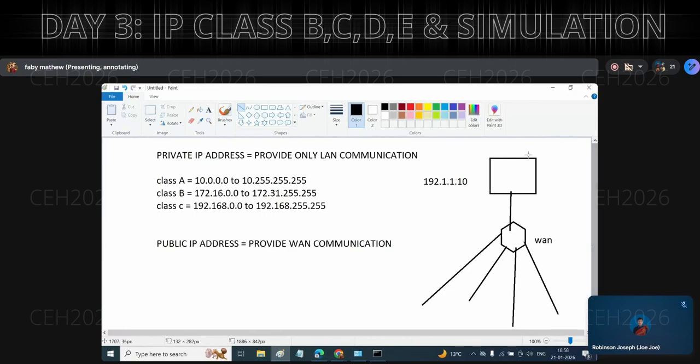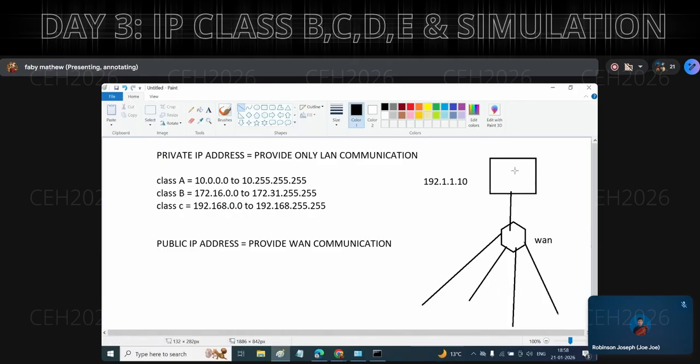Can anyone send traffic to this IP address, or can anyone access your machine with the help of this IP address? No, sir. That is the point. It only provides LAN communication, not to you, but to each and every other person.